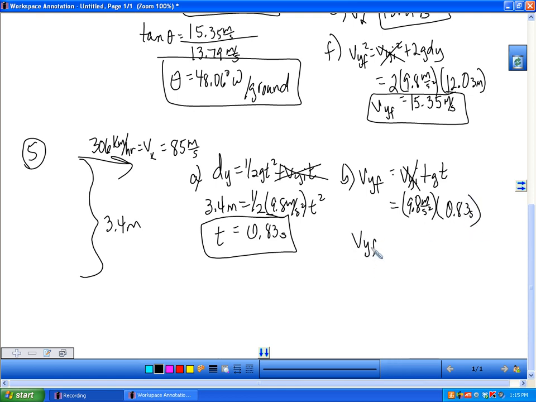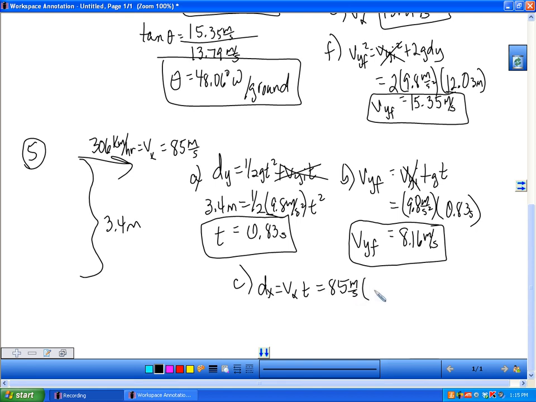So Vyf is equal to 8.16 meters per second. And then C wants to know the range. Well, dx equals Vx t. So 85 meters per second for 0.83 seconds, giving me a range of 70.55 meters.